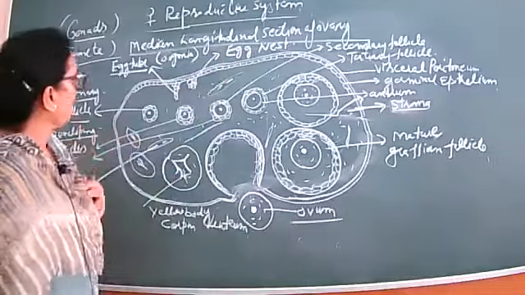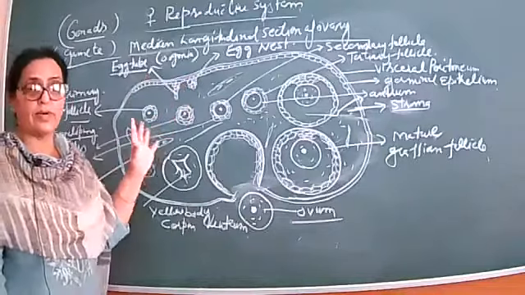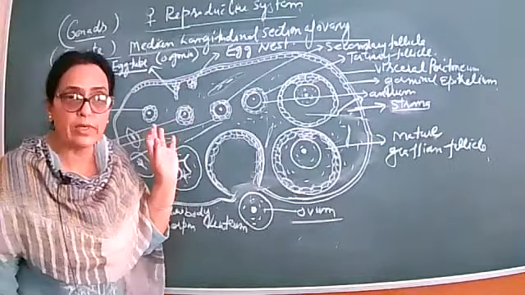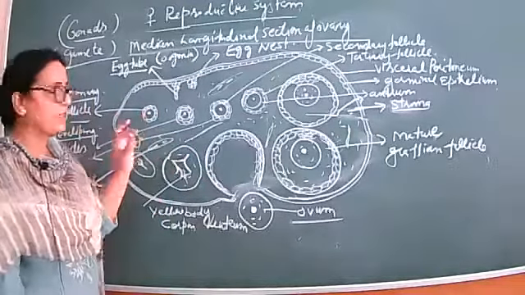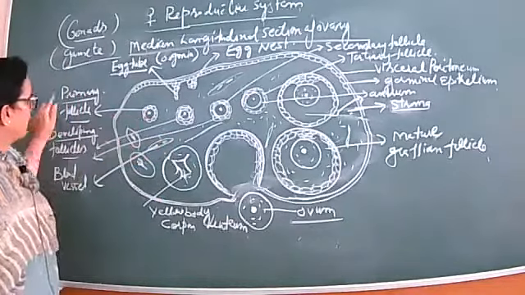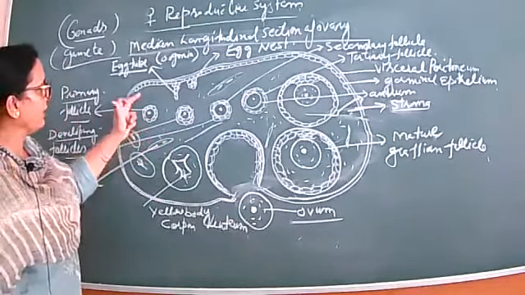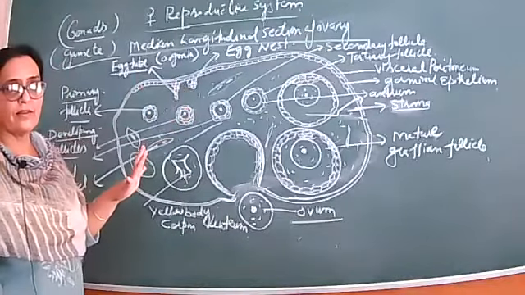Then one of the cells from this, otherwise in real sense these are the oogonia group of cells, right? One of them becomes big in size, and that's known as the primary oocyte. This is a primary follicle: an oocyte surrounded by a number of the rest of the cells, right?